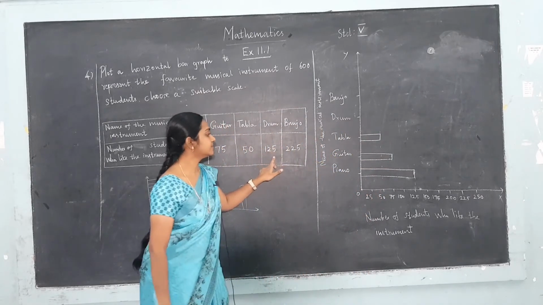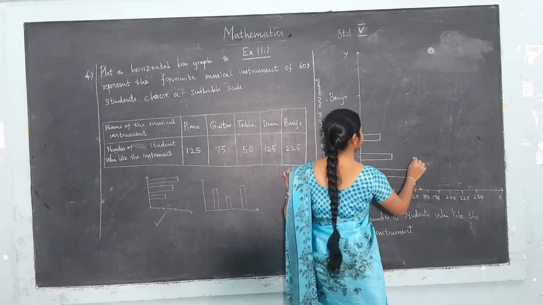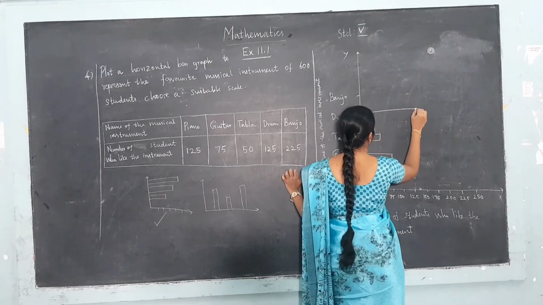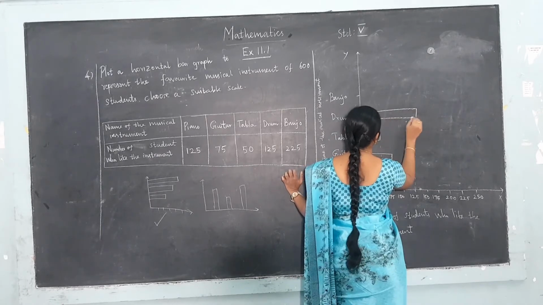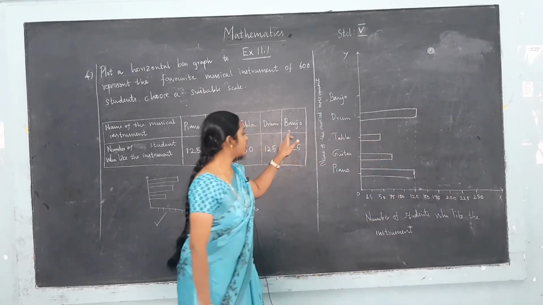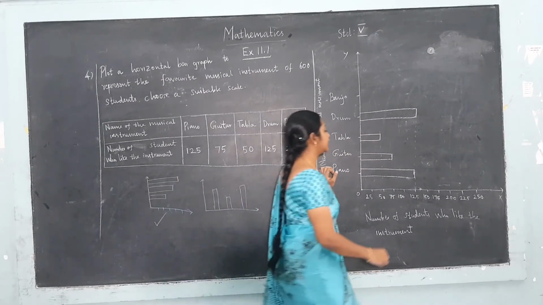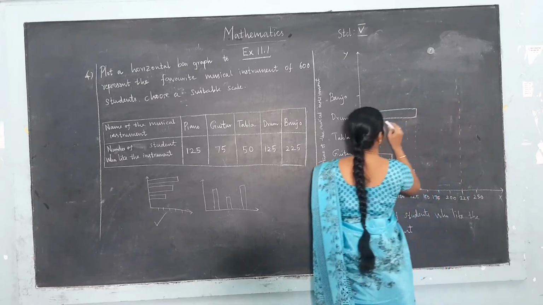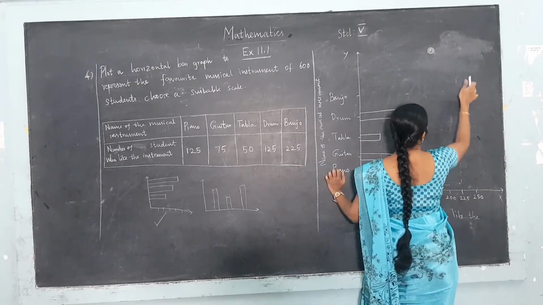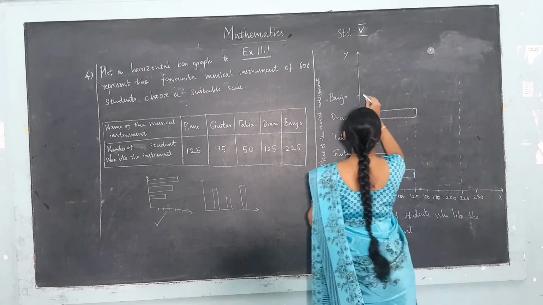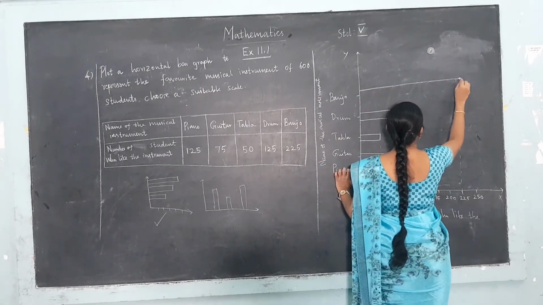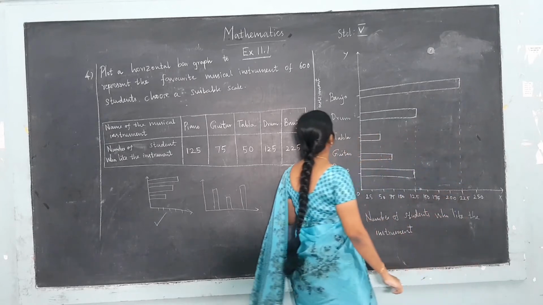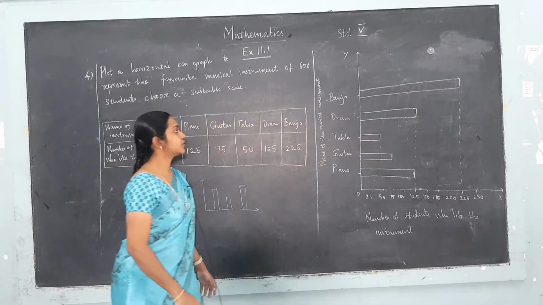Next for drum it is 125. Next for banjo it is 225. So now we have drawn the graph.